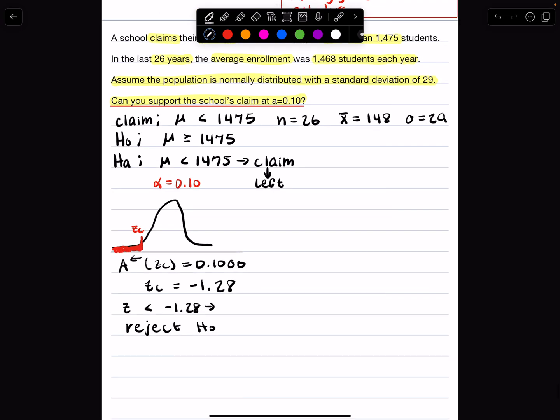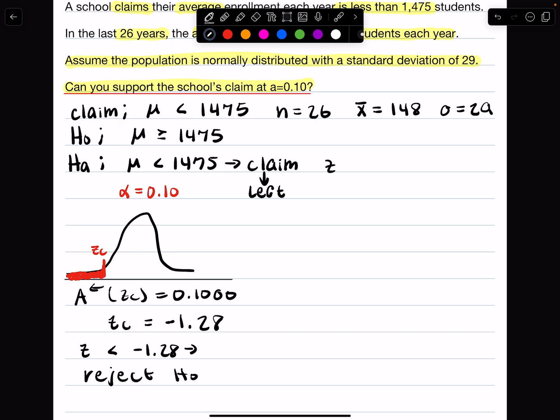All right, now what do I need to decide whether we reject? We need this Z, okay? We can't compare Z to anything if we don't have Z, so let's go and find the Z. Z is equal to our sample mean.